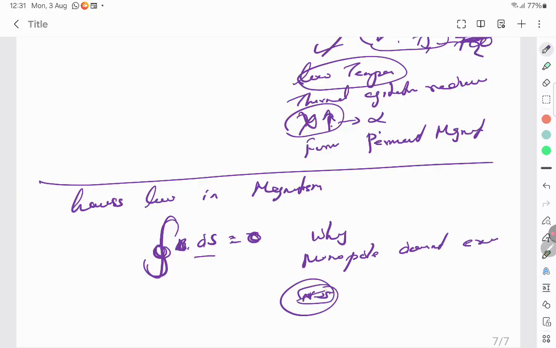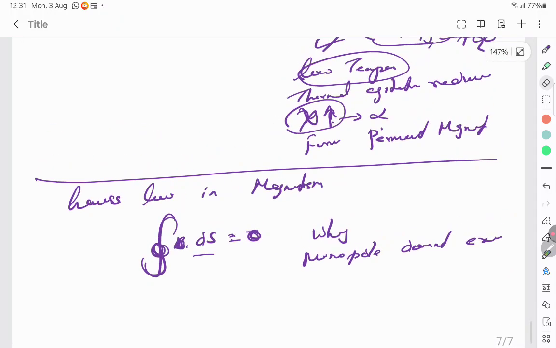You can't have a unit north pole, because the magnetic field is mu naught by 4 pi into m by r square, but m is the monopole. A monopole cannot exist in a closed surface. You place a magnet, it exists as a dipole only, correct? So monopole does not exist, and therefore B dot dS becomes 0. That's about Gauss law in magnetism.